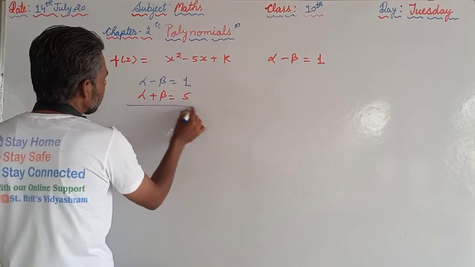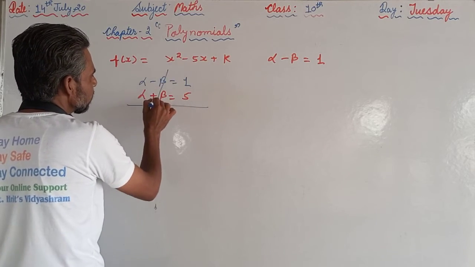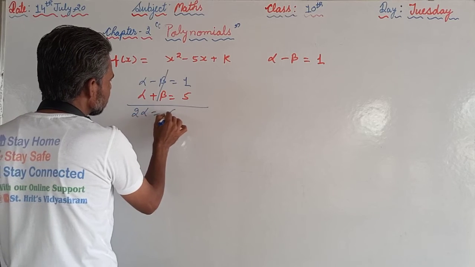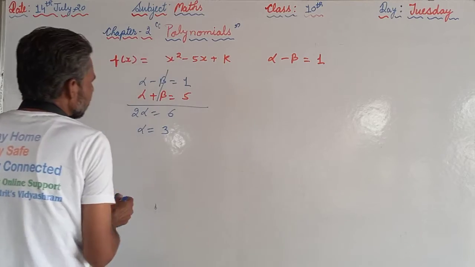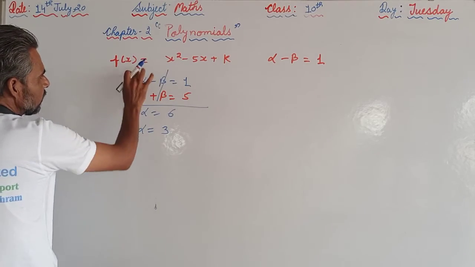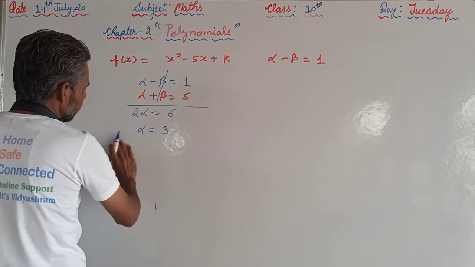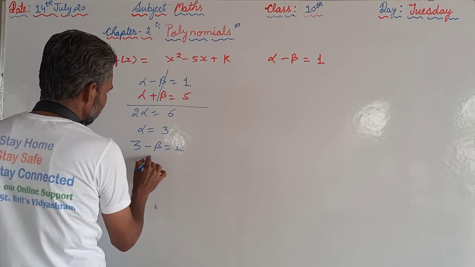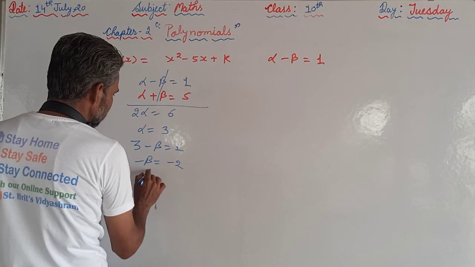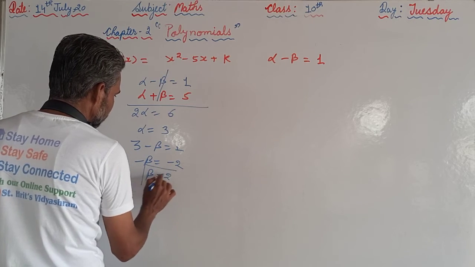So if we add both, minus beta plus beta will cancel out, this will become 2 alpha is equals to 6. It implies alpha is equals to 3. Now putting alpha is equals to 3 in the first equation, 3 minus beta is equals to 1, minus beta is equals to minus 2, beta is equals to 2.